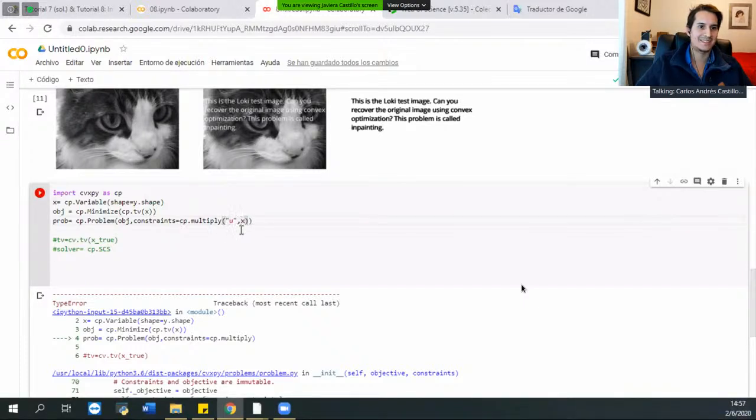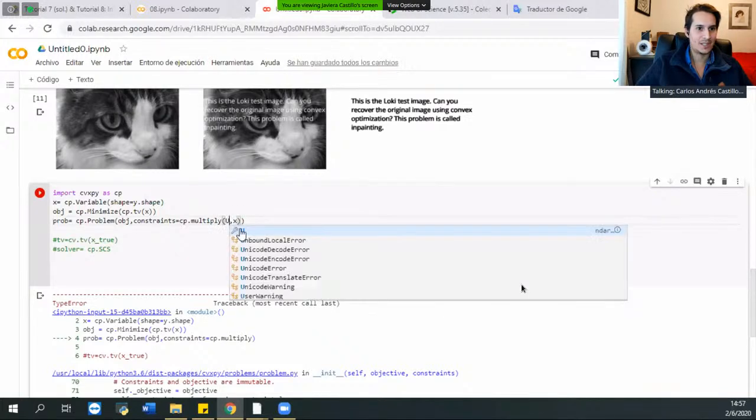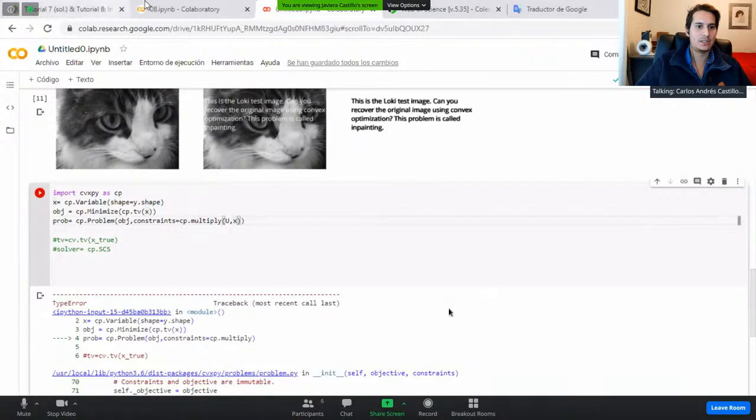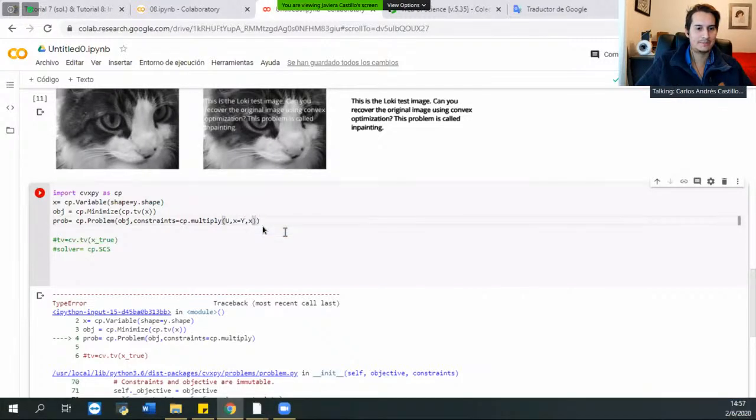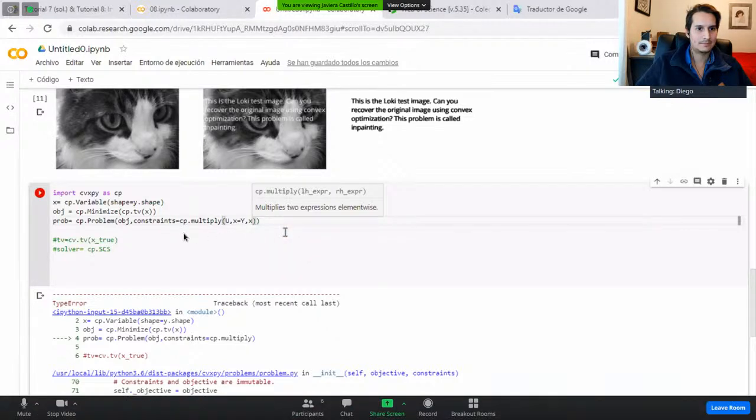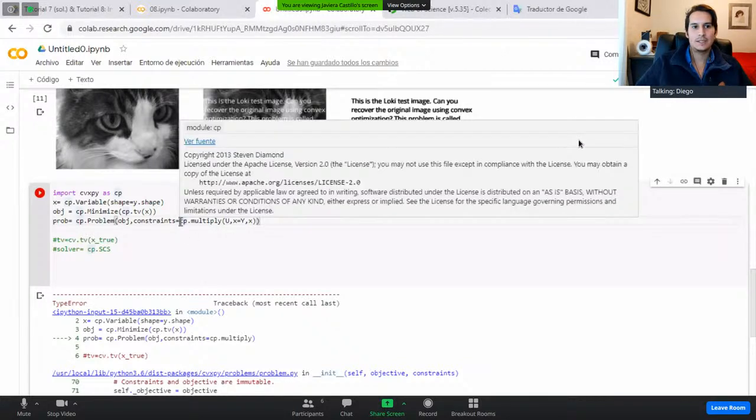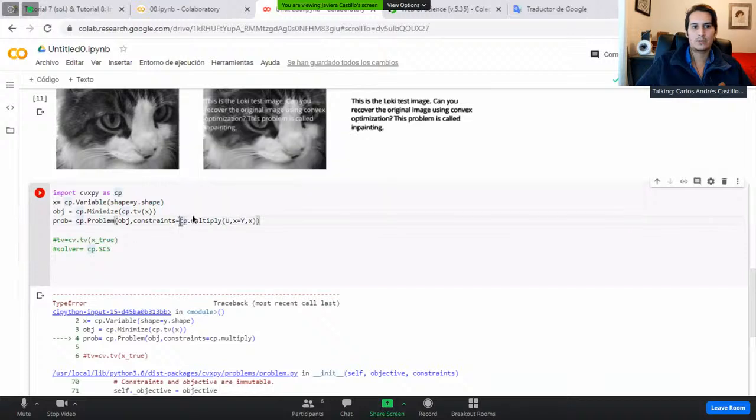Yeah, and that needs to be equal. No, that needs to be equal to the same, but with the y. Yeah. But outside. Is it correct to put constraints equal cp.multiply(U, x) equal again or not? It's not correct because you need to put square brackets. But the other thing that is incorrect, but she hasn't done it yet, is that instead of comparing with just one equal, you need to compare with two equals.